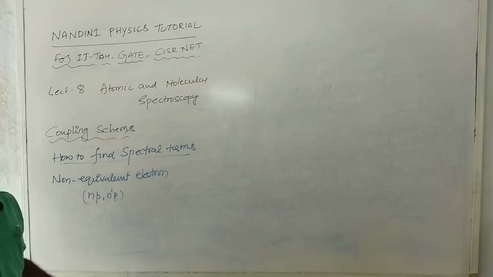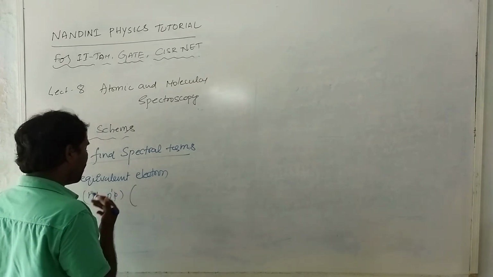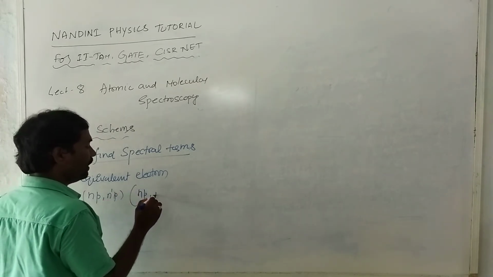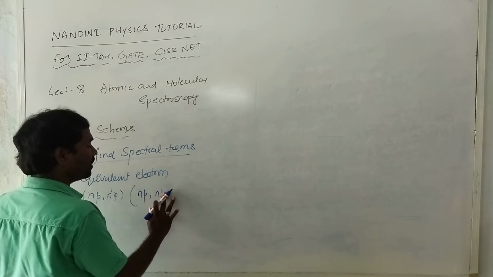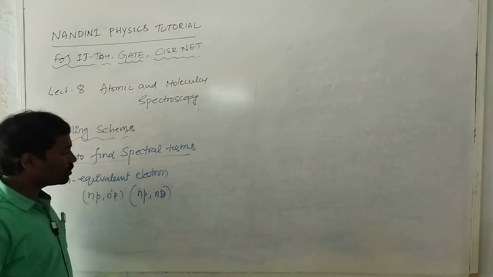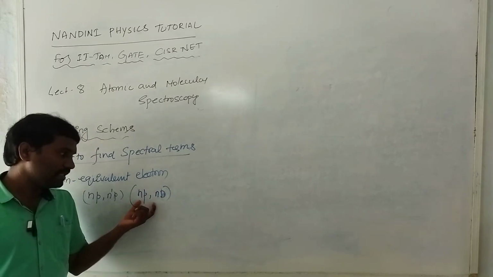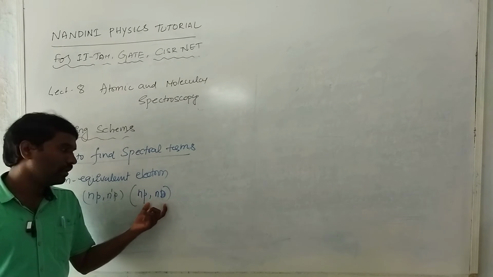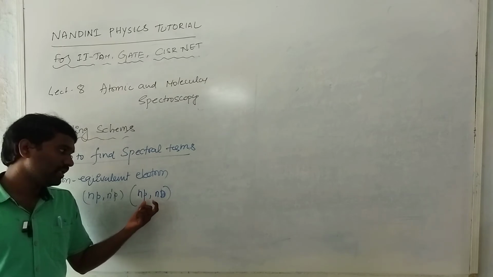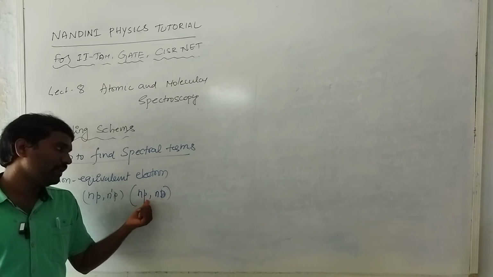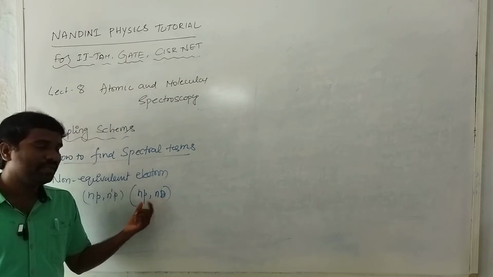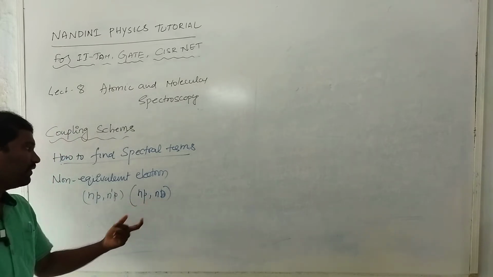Similarly, another set: np, nd. Here the principal quantum number is the same, but the angular momentum quantum numbers change, because p is one state and d is another. So this is also a non-equivalent electron.